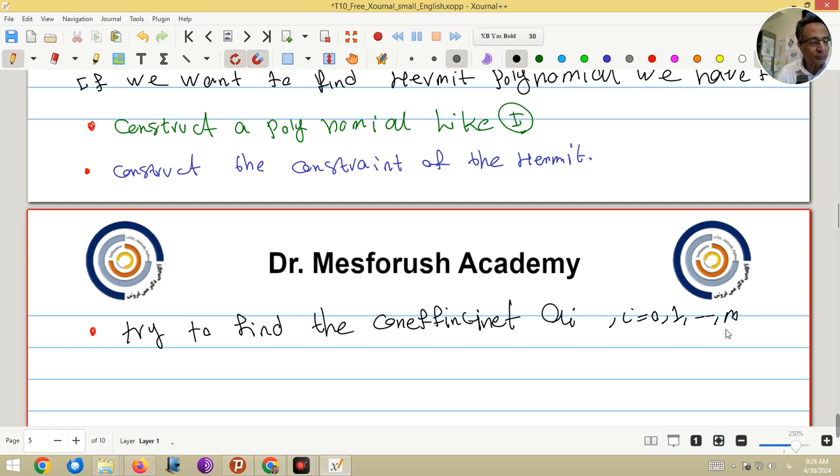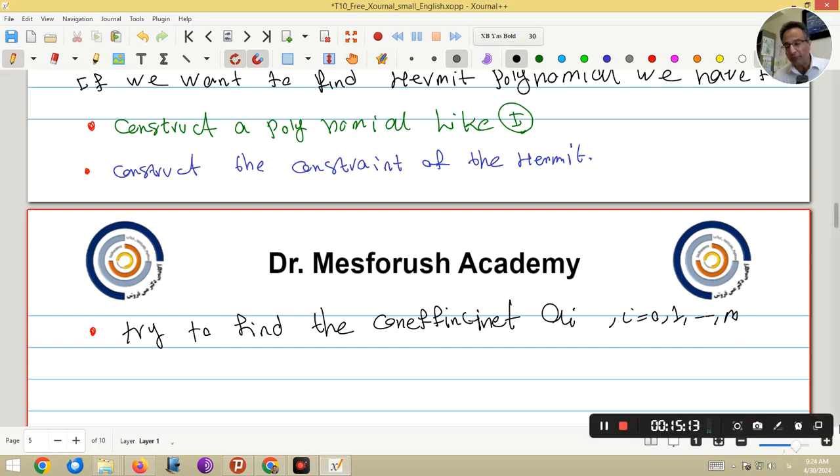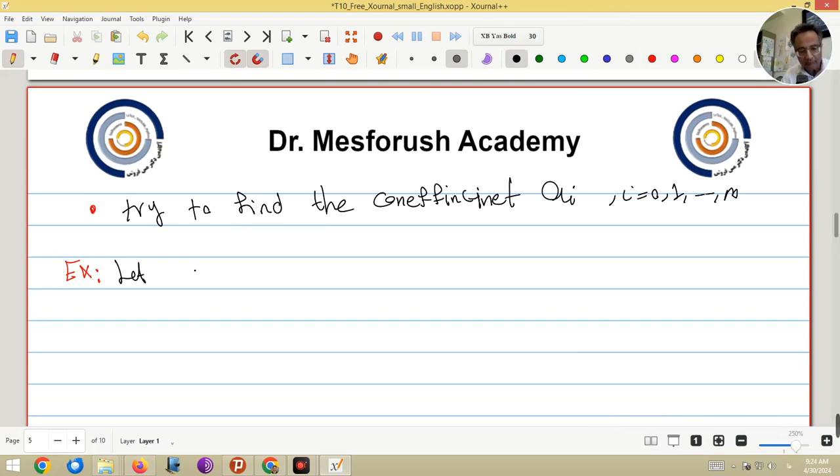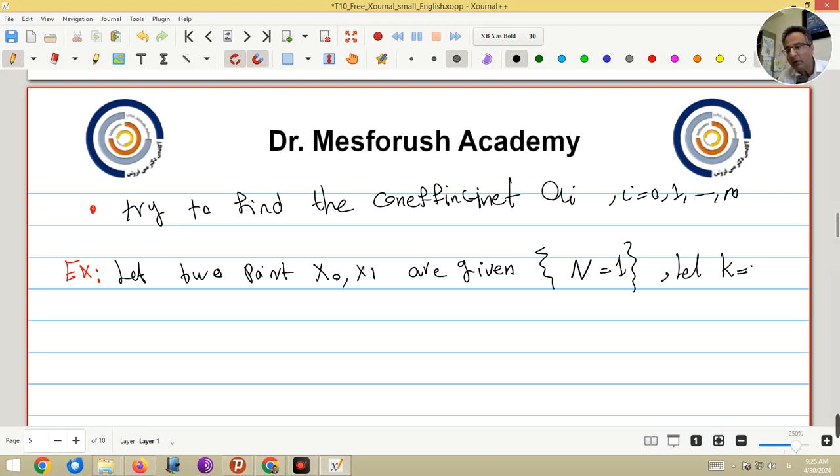Before I try to prove some theorem for you, let me give you an example. Okay, let two points x0 and x1 be given. Okay, it means that n equal to 1. Okay, and let k be equal to 1.